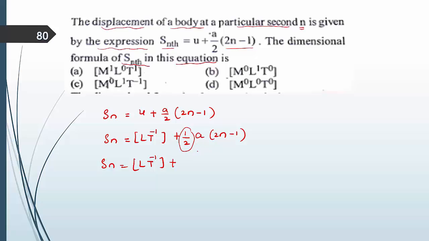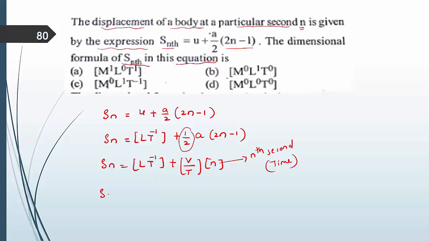Acceleration means rate of change of velocity. In place of a, I can write V divided by T into 2n minus 1. Here 2 and 1 are dimensionless, so we can write n here. What is n? Remember, this is the nth second. Nth second means this is time.